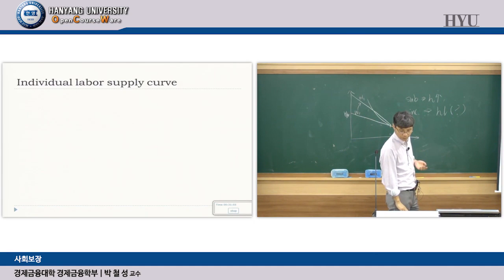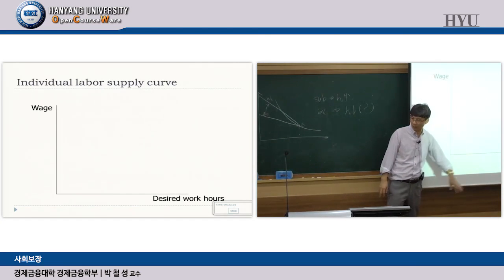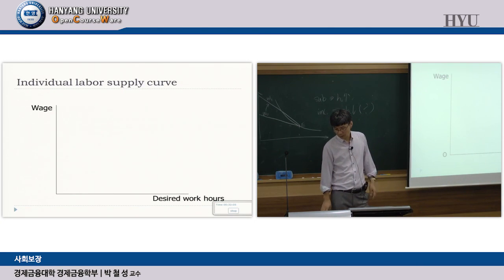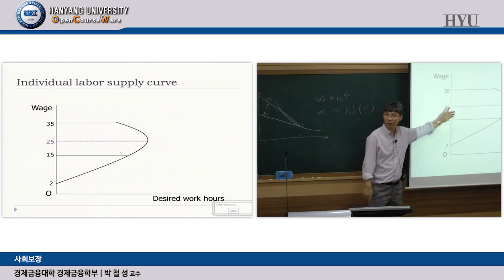So if you draw a diagram that shows the wage rate and the desired work hours, what we get is the labor supply curve. What we do is basically figure out the individual's choices, then map them in this diagram.